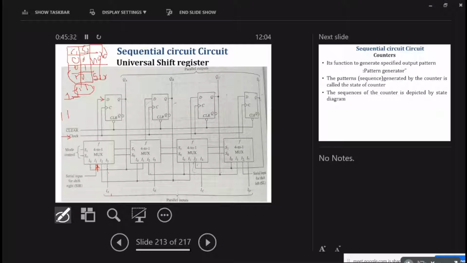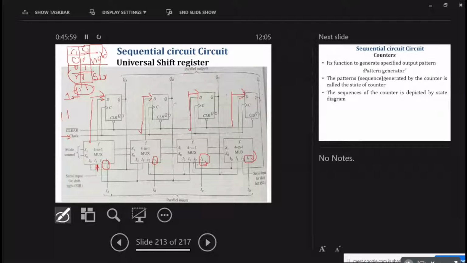Whatever is at these pins, we will get at this F. So the I3 pins contain parallel information, and we will get it at the input terminals of the flip-flops from this F terminal of the mux.